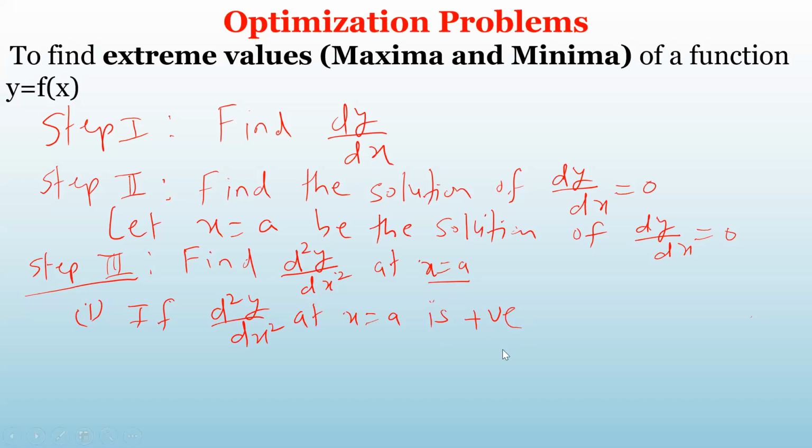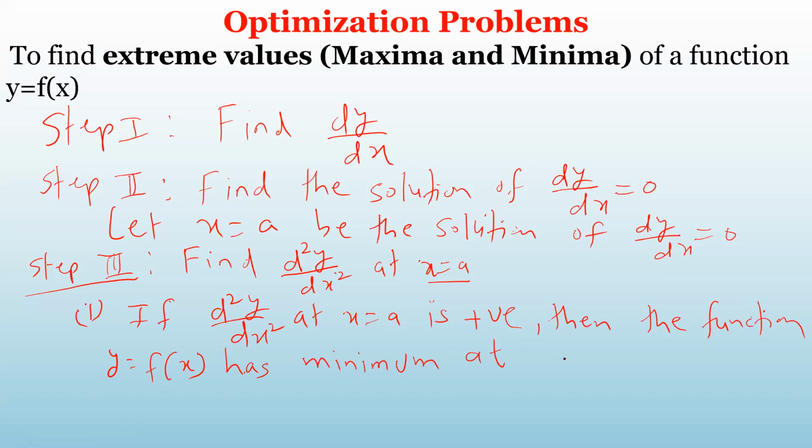If it is positive, then the function y equal to f(x) has a minimum at x is equal to a. If the second order derivative is positive, then the function will have a minimum value at the point x equal to a.